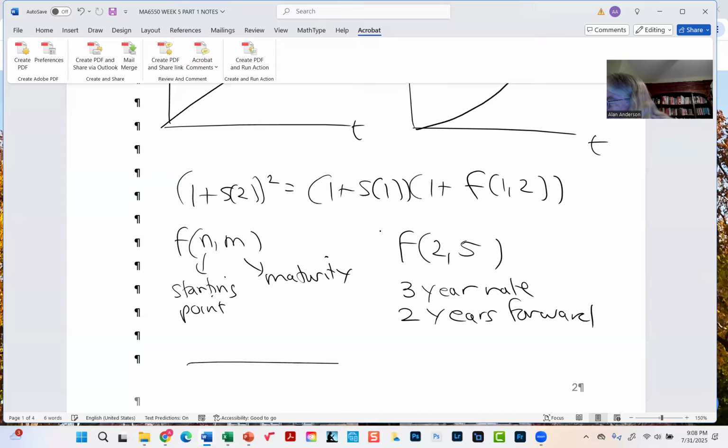In other words, it covers the period from 2 to 5. So it's actually a 3-year rate, but it starts in 2 years, which is why it matures in year 5. Okay, so we have to get used to this notation. It's always going to tell us when we start and when we finish. 2 to 5 means starting in year 2, ending in year 5, which implies that it's a 3-year forward rate.